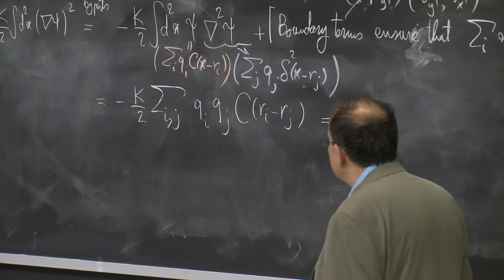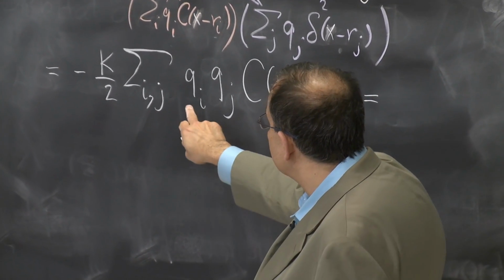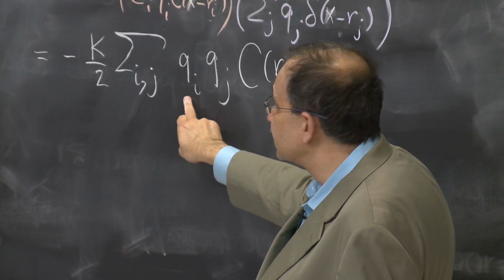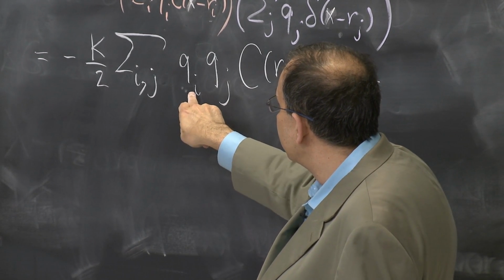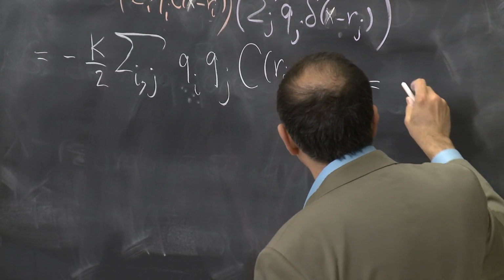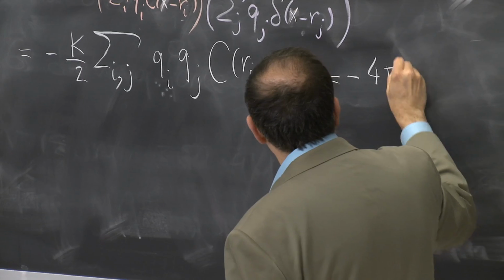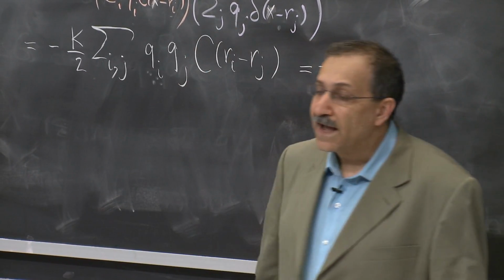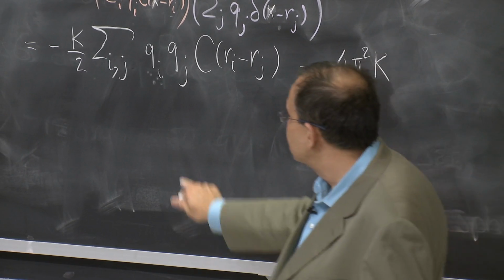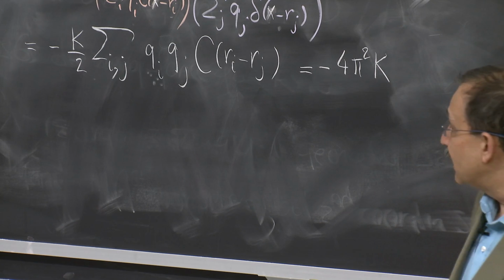What I can do is I can write this as follows. First of all, I can again maybe recast it in terms of the n's. So I will have 2 pi ni, 2 pi nj. So I will get minus 4 pi squared k. There's a factor of 1/2, but this is a sum over i and j, so every pair is now counted twice.